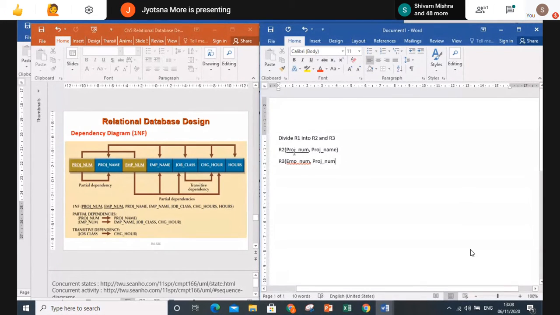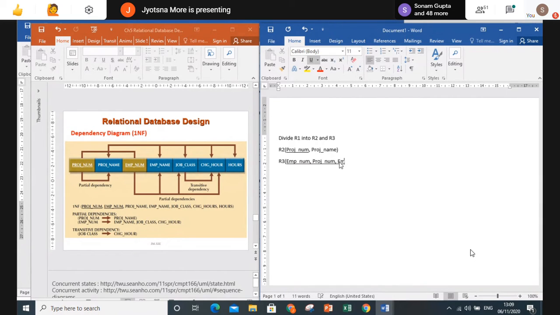I will not skip the project number from my main relation; I will keep it as my primary key. So in this case, these two are my primary key.